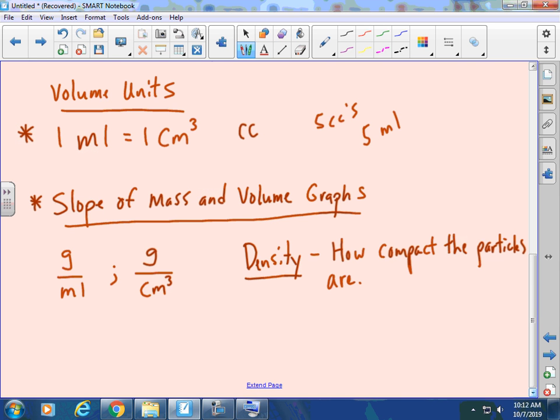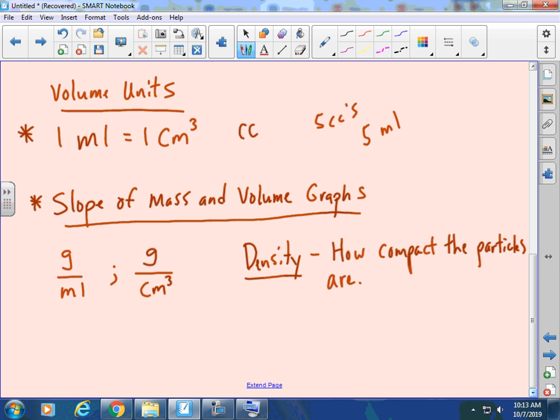So we can have really, really big things that have low mass, that have low weight. Like we could have a big balloon, but it doesn't have a lot of mass. We can also have very small things that weigh a ton, or I should say very small things that have a really high mass.